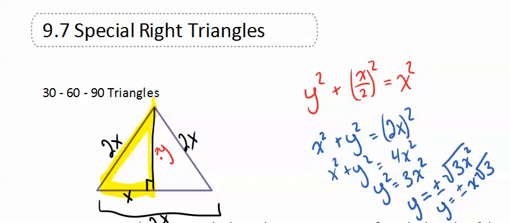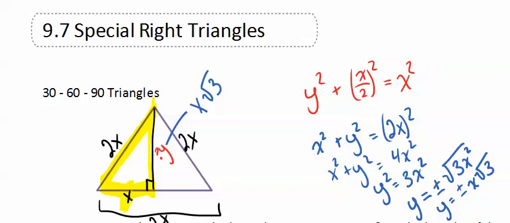Since the distance cannot be negative, we know that the distance right here will always be x square root of 3.